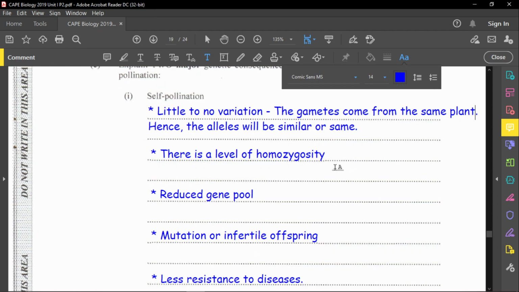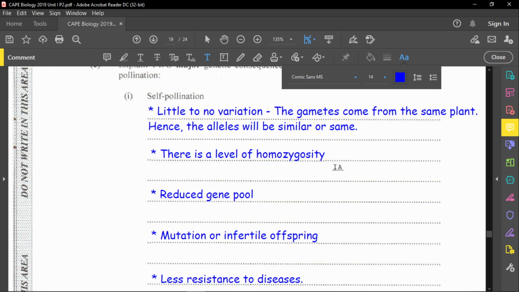The gene pool will be larger because you have a lot of homozygous dominant, a lot of homozygous recessive, a lot of heterozygous. Mutation will be less possible, and the offspring will be more fertile. Also, you can build up resistance to diseases, because a favorable gene from a plant could be transferred to a plant that has a less favored gene or allele.